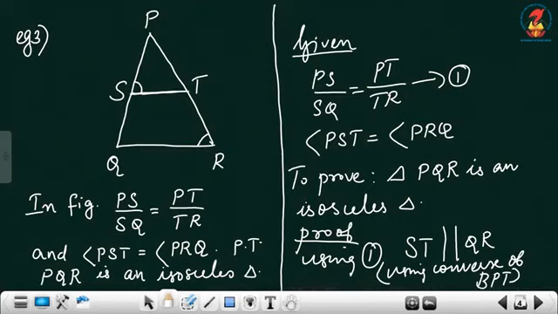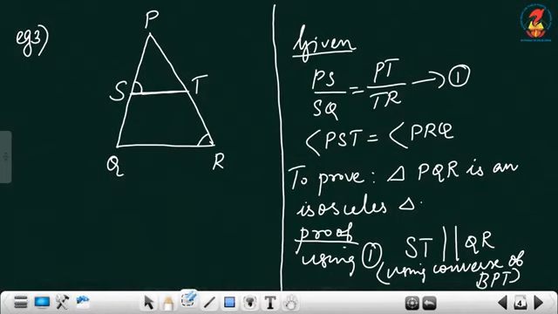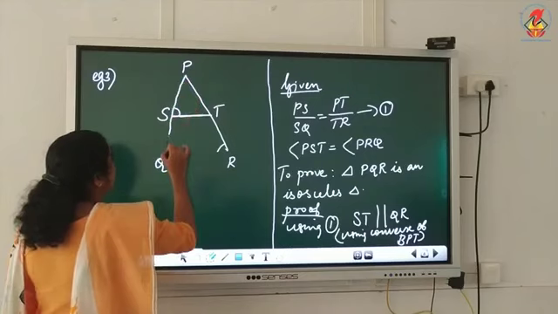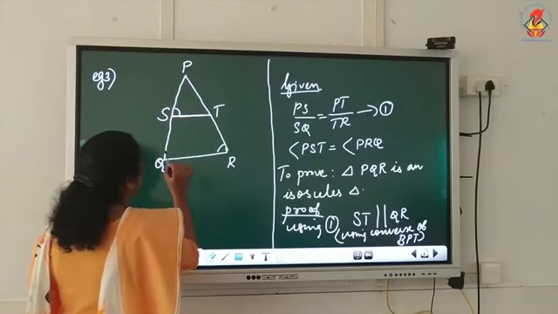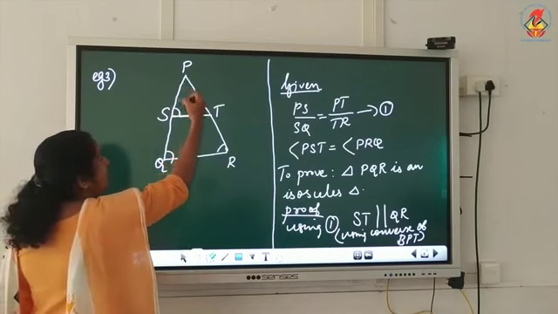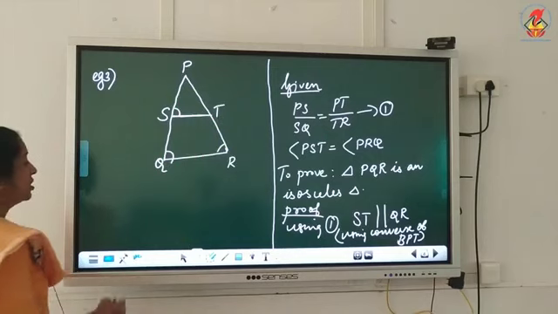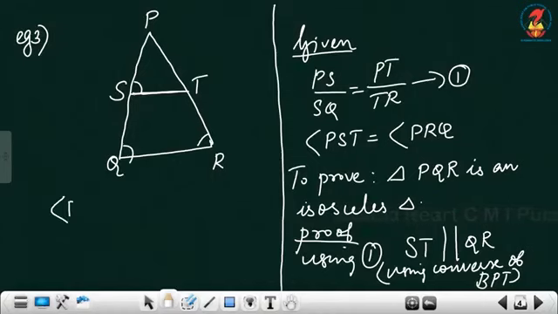So, if ST is parallel to QR, we can say that these two are corresponding angles and they are equal. We can say angle PST is equal to angle PQR using corresponding angles.